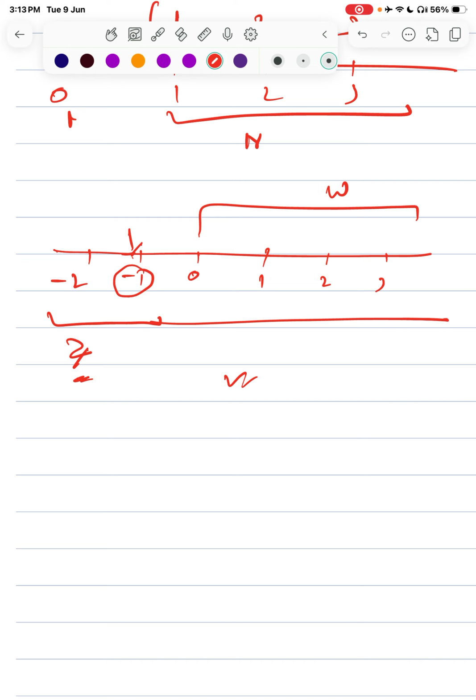So this statement is not true. And every rational number is a whole number? No, it is not true. We have seen earlier that 1 by 2 is a rational number, but it is not a whole number.